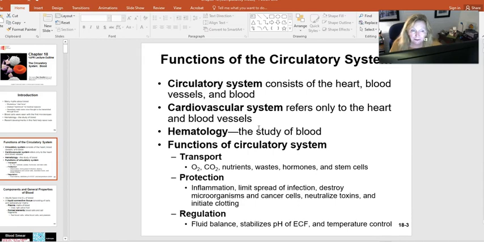So when we think about the functions of this, obviously, most of our cells are stationary. So you have a kidney that has cells that are very specific in their functions to the kidney. Your liver, same thing. Lungs, same thing. But for those cells, they have to get nutrients.